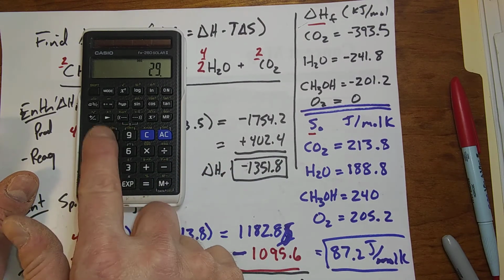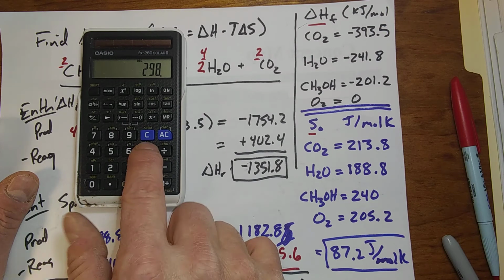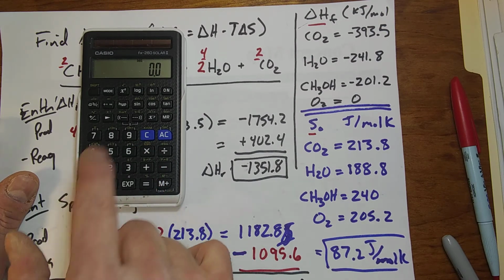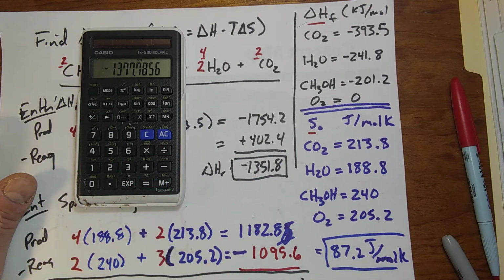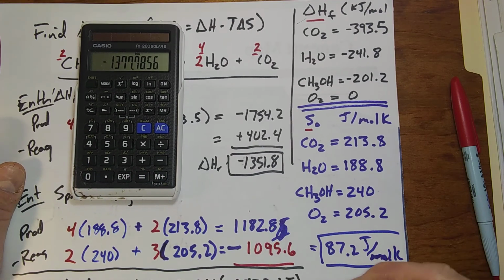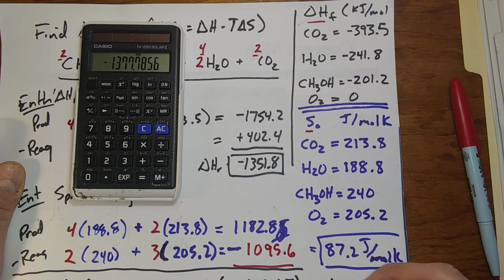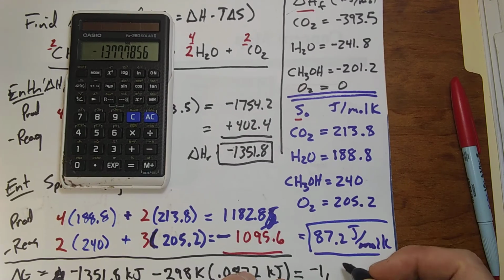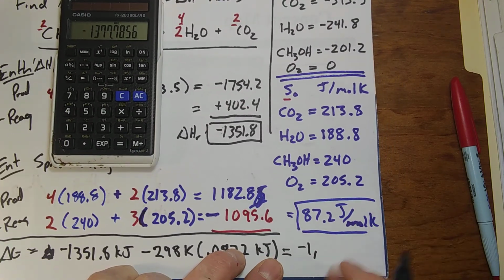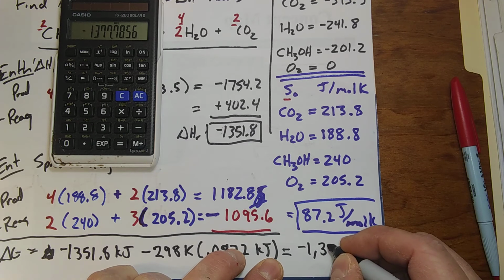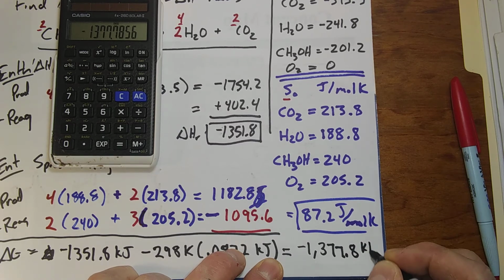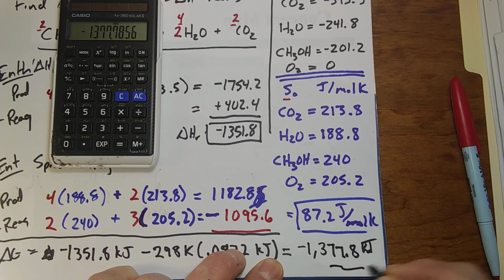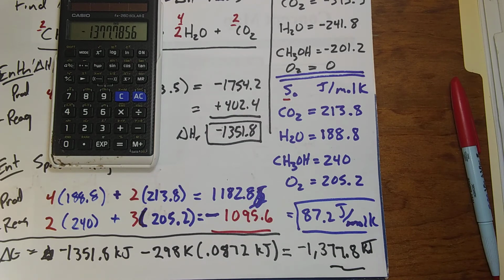Minus 298 times 0.0872 is equal to, didn't change it much, but it changed it a little bit, minus 1,377.8 kilojoules of heat, or energy, is given off.